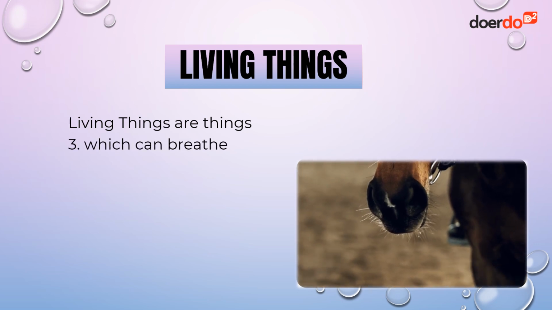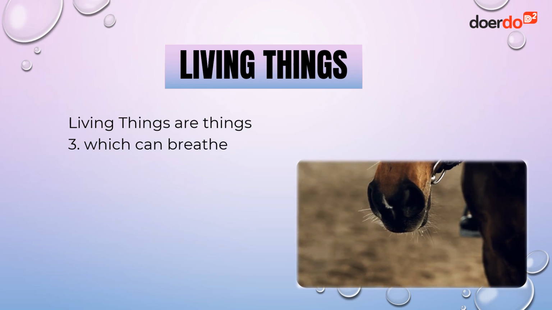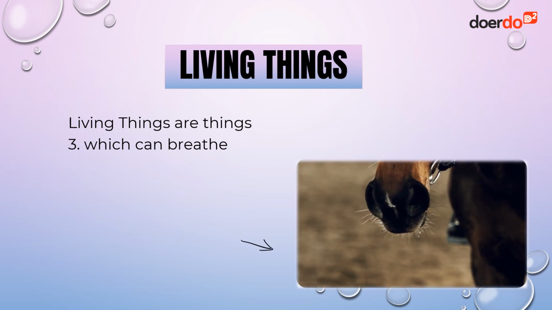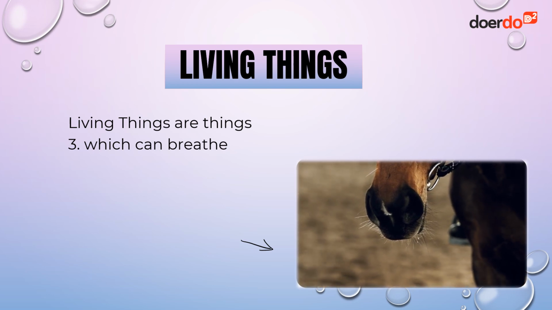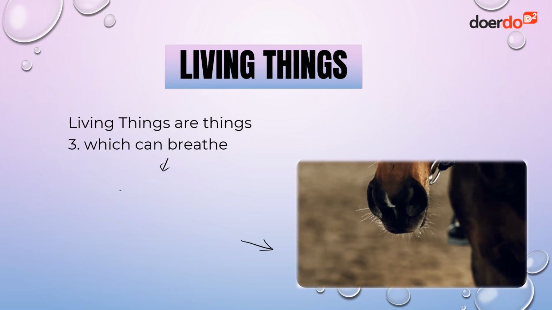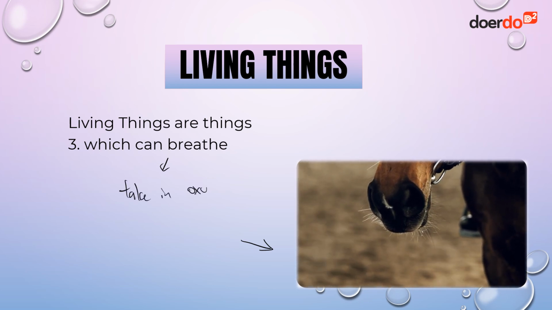So thirdly, living things are things which can breathe. Okay, so you see the horse over here, it is breathing. You can see the air coming out of the nose of the horse. We human beings, we breathe. When we breathe, we take in oxygen, okay?